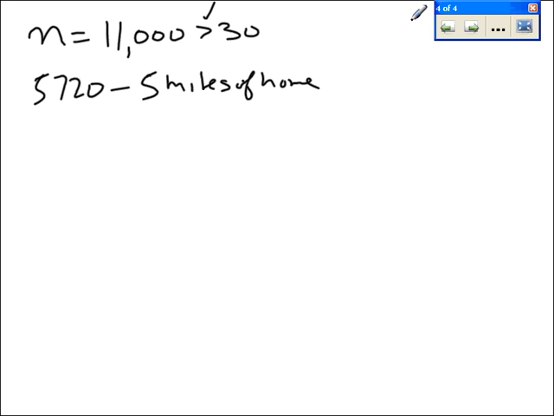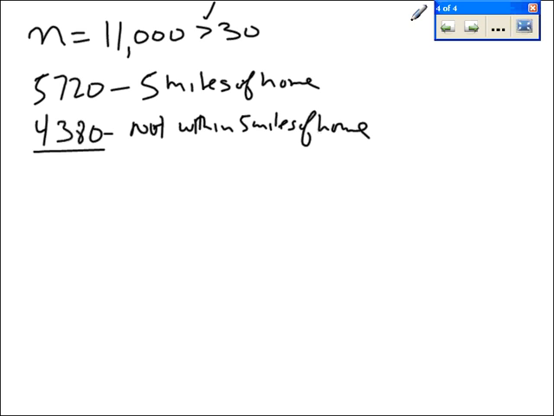Of the 11,000 car crashes, 5,220 of the drivers were within 5 miles of their respective home, which of course means that 4,380 were not within 5 miles of home, because these actually add up to 11,000. At least I hope they did.